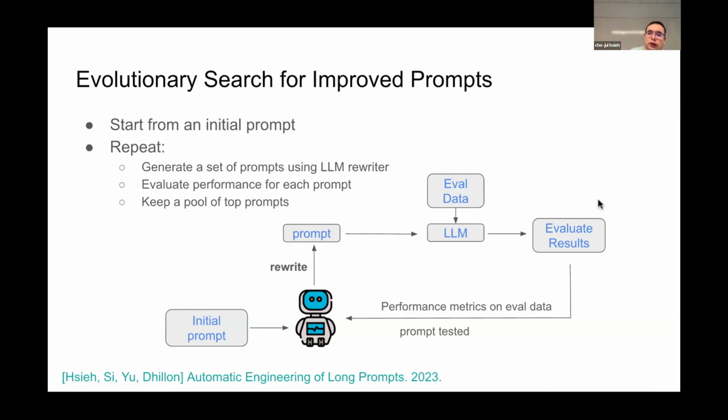And then you do this iteratively. Every time you keep the better prompts, and you learn how to rewrite the prompt to optimize the performance. So after several iterations, you can keep improving the performance of your prompt. Okay.